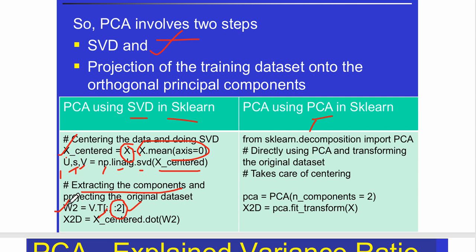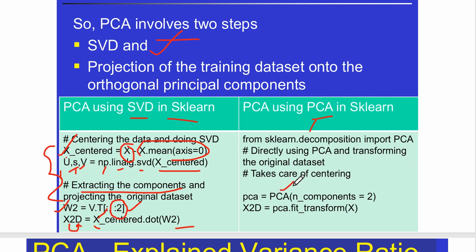After extracting them, we have to project the data, transforming it into normal data. We get that by X centered dot of W d. That means we transform into the actual data set. This is implementing PCA using SVD.